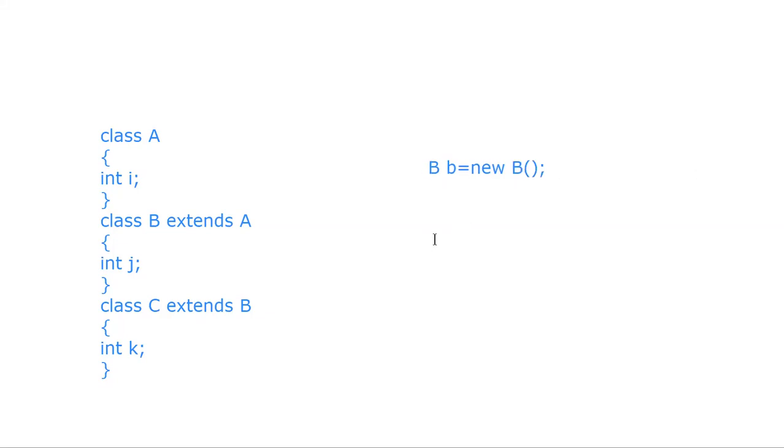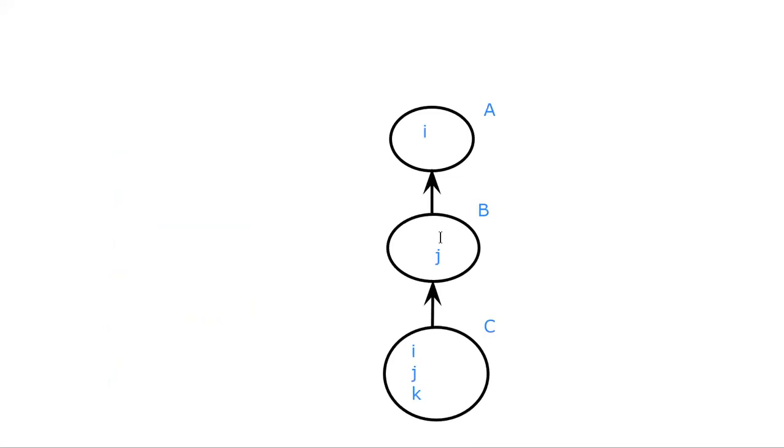Now class B comes into existence. Now class B is having what? Sorry, class B is having two member variables, one called I and one called J.